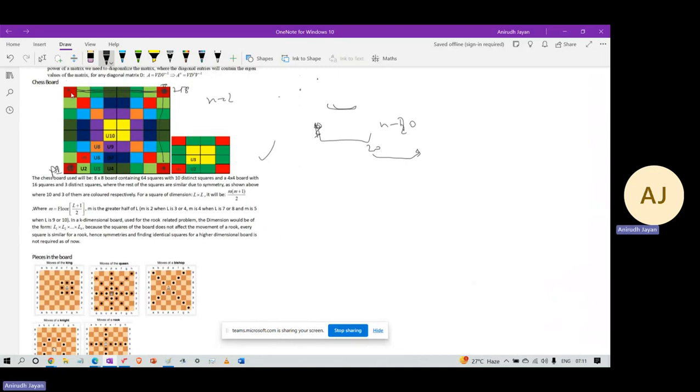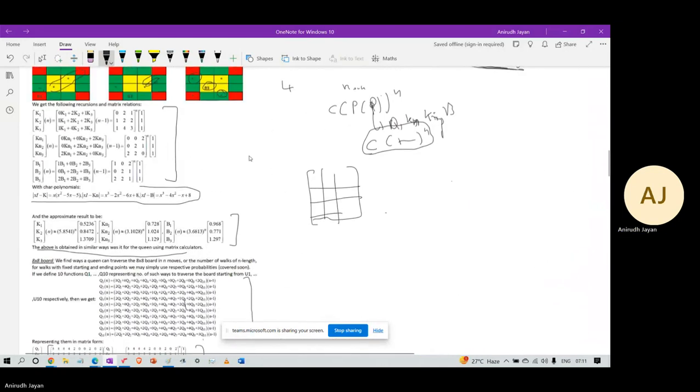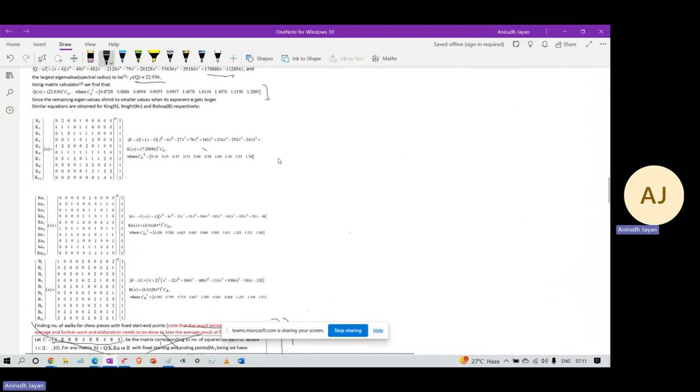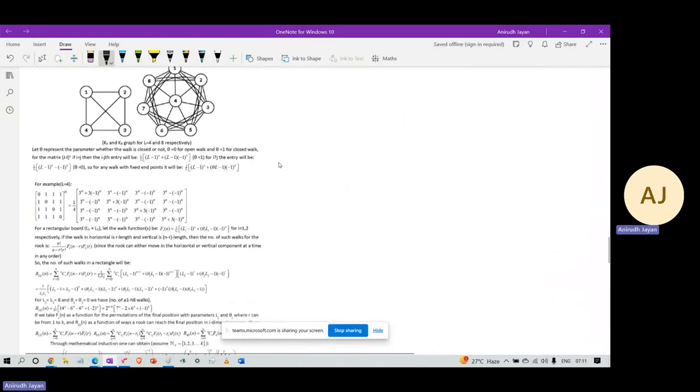So the only way to reach here is to reach this corner or this corner. So for n equal to 2, R of 2 is 2. There is no way to reach in one move, so R of 1 is 0. R of n being the number of ways the rook can reach h8 from a1.